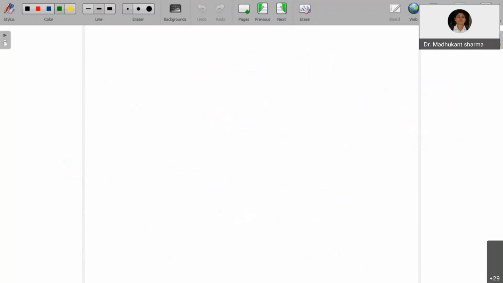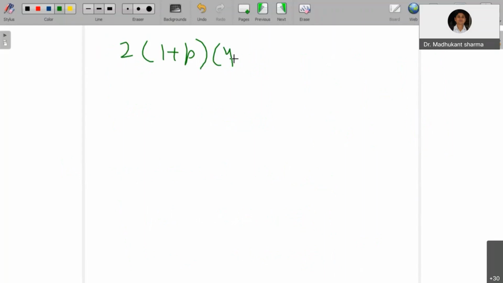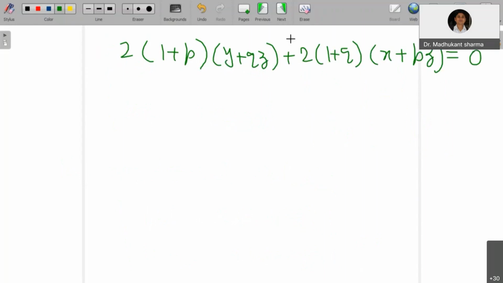So 2 times 1 plus p times y plus qz, minus 2 times 1 plus q times x plus pz, is equal to 0. This 2 will get cancelled, and you can further simplify it. Your associated partial differential equation is given by this.